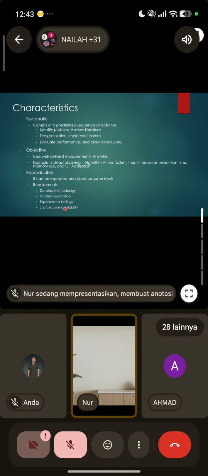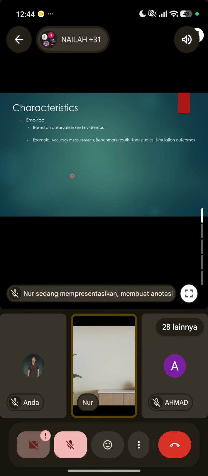It means that we have to perform observation and we have to show the evidence of that. From this observation and evidence, then perhaps we will get the data. And then we could analyze the data, and then we will conclude. So this is what we call empirical.